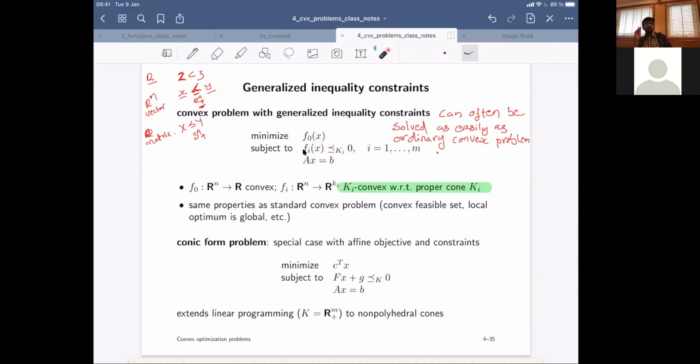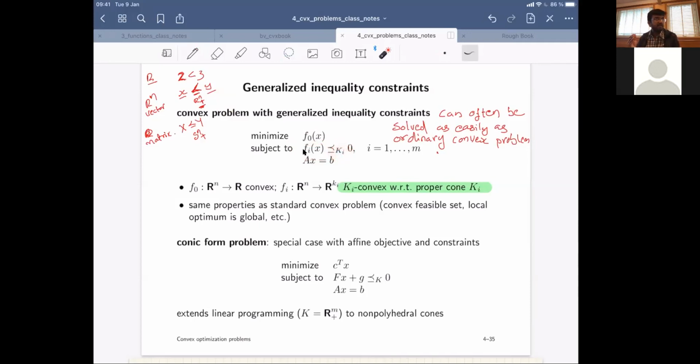For matrices, you say matrix y is greater than matrix x when y minus x is positive semi-definite, because there we are using the positive semi-definite cone. These are the most often used forms of inequality, but you can come up with any cone, not any cone actually.